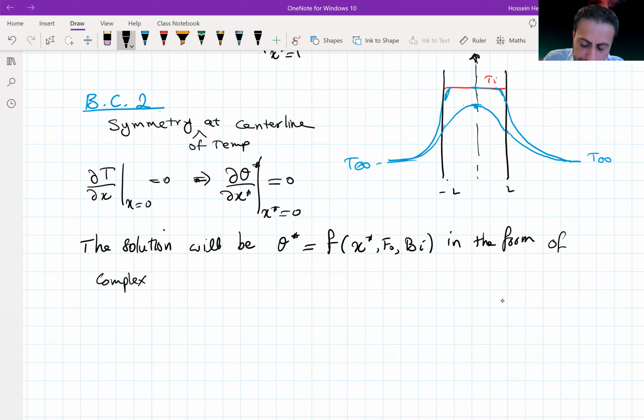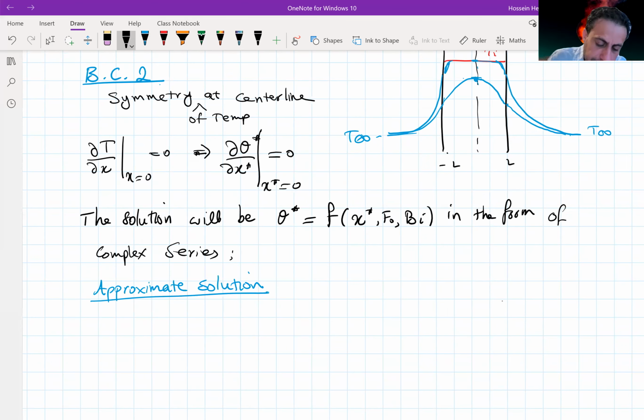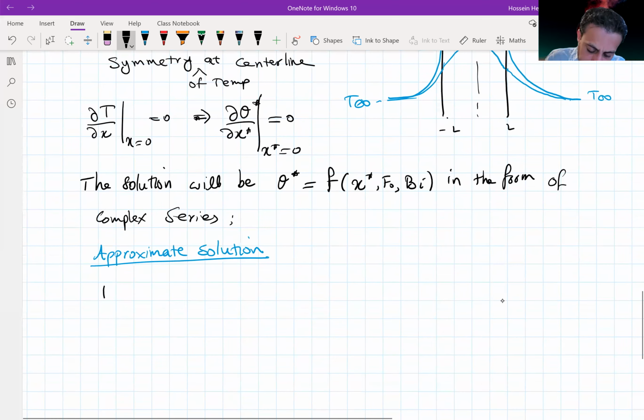So if you look at the exact solution, you will see that it contains many terms. Now we can get a good approximation, so I'm just going to write it down. Approximate solution for Fourier greater than 0.2.